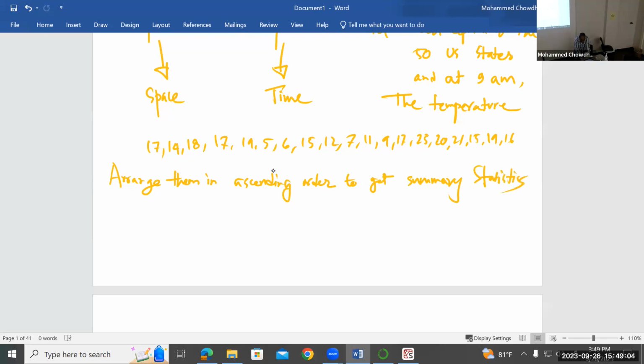Okay, ascending order. What is the lowest value in here? Maybe 5, I put 5 there. And then 6, and then 7, then 9. After 9, I got 11, and then 12. Then I got 14, and then 15, 15.